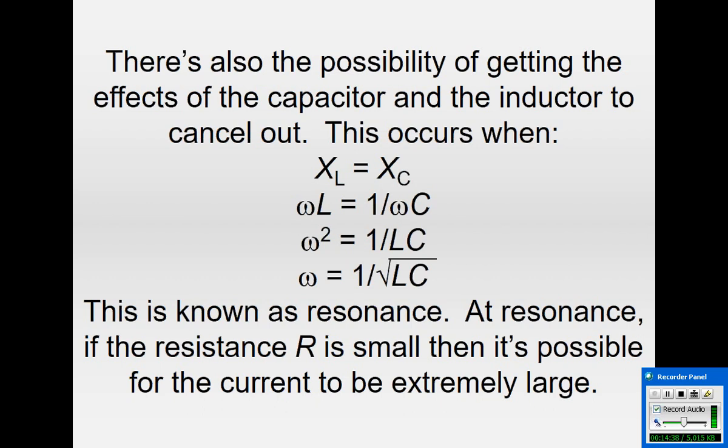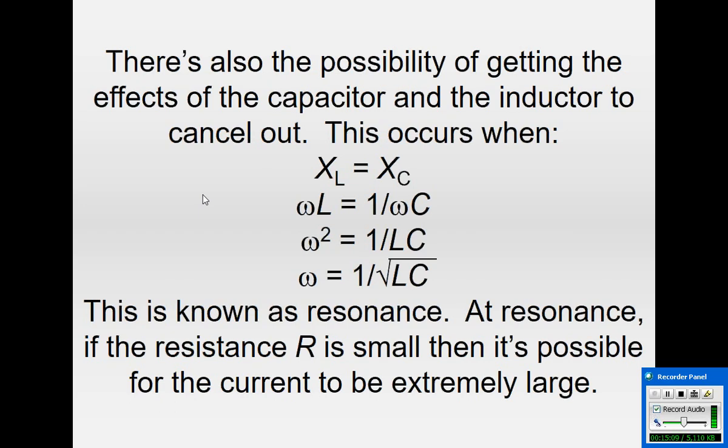If you have a circuit with a very small resistance, just entirely wires without any resistors in it, that means that you are going to have an impedance that is dramatically small, and for an applied voltage, that's going to result in a current that is extremely large. The condition for this to happen is the same as saying that the inductive reactance equals the capacitive reactance.